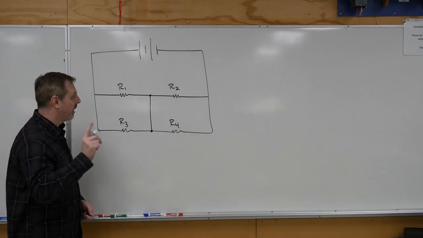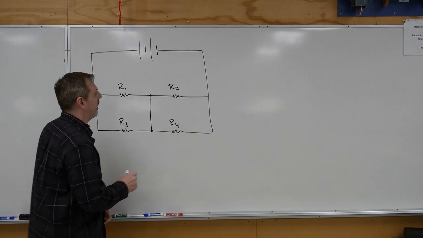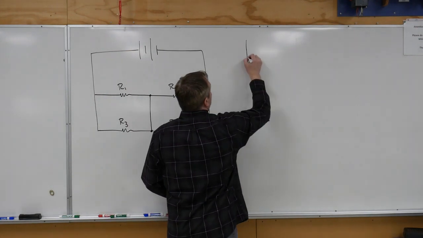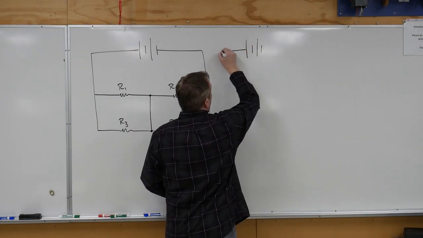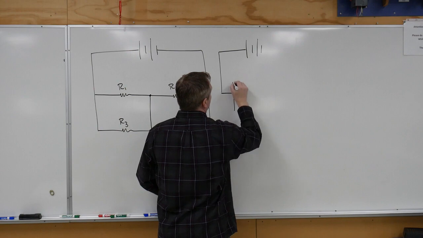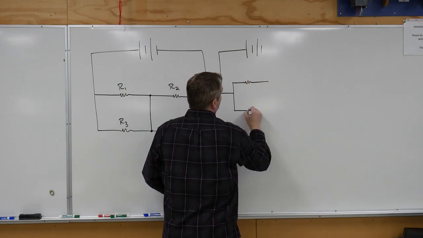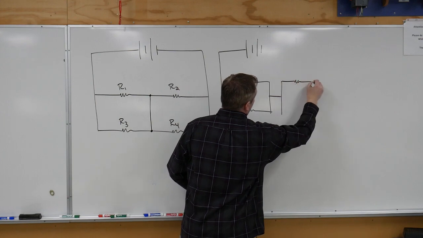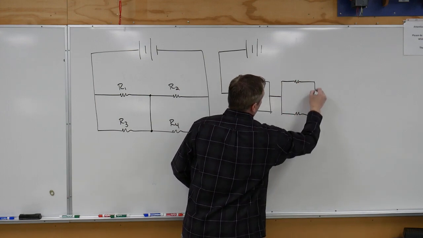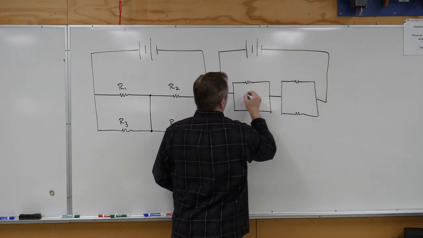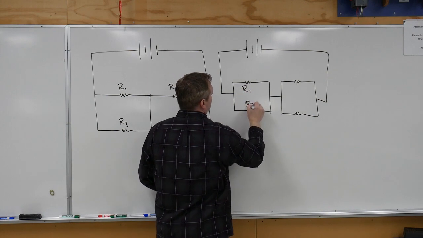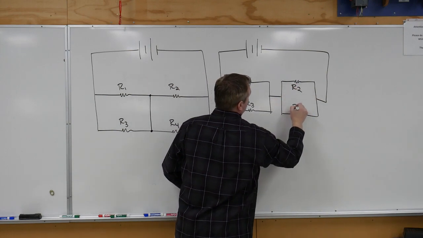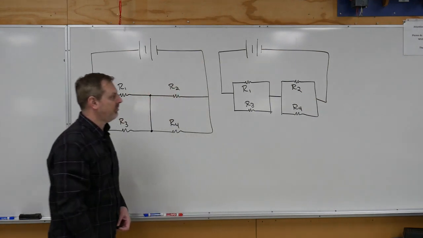In other words, if I were to redraw it a little bit differently, some people have a better time visualizing it like this. Something like that. So that's R1 and R3, R2 and R4.